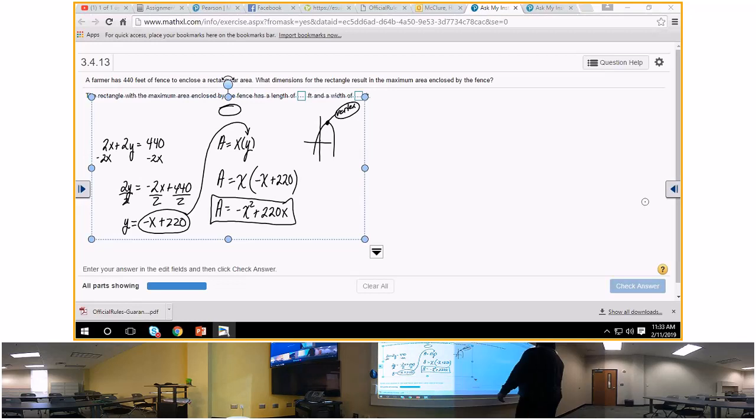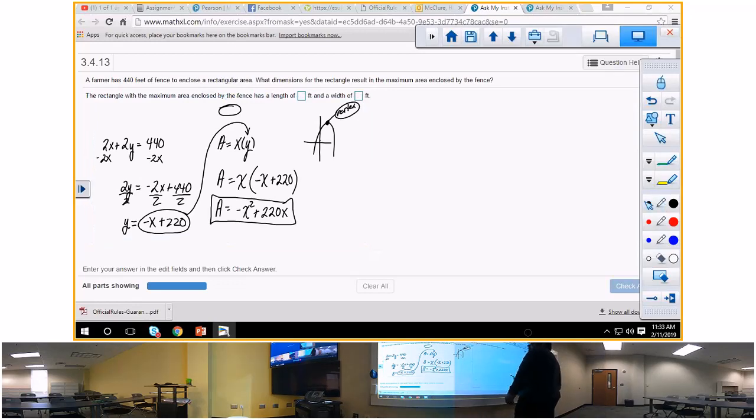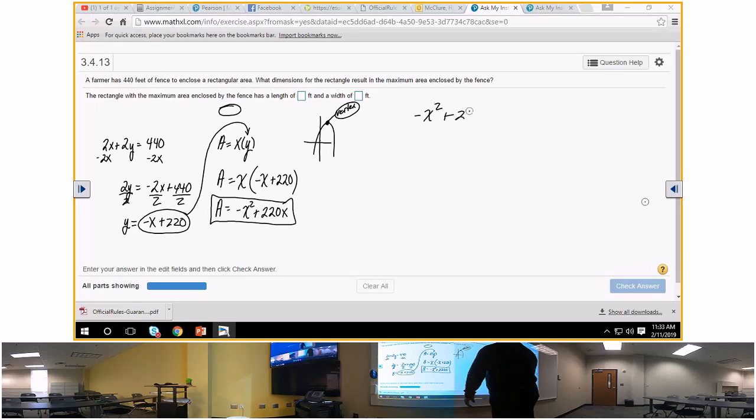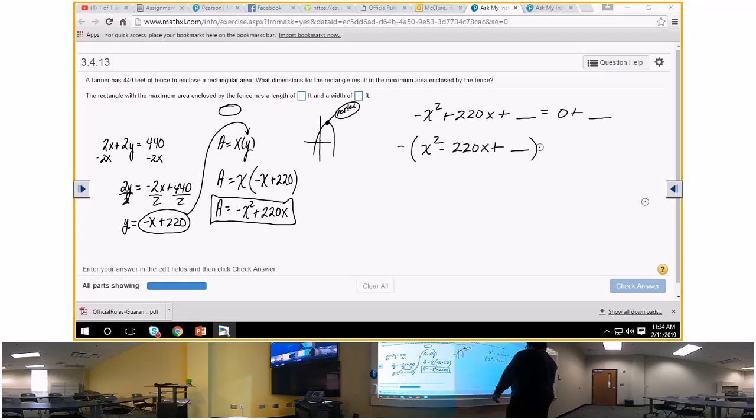Then I'll go over here and I'll say negative x squared plus 220x plus 0 plus blank is equal to 0 plus blank. And negative, that'll be x squared minus 220x plus blank is equal to 0 plus negative times blank.